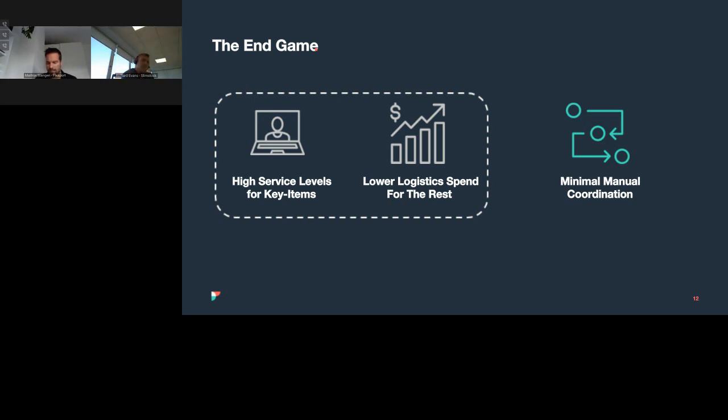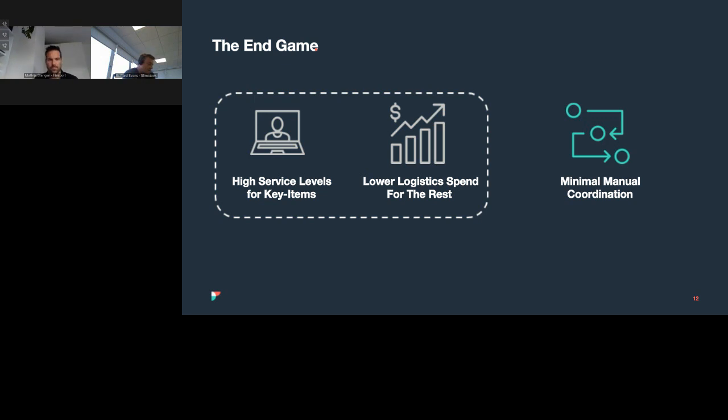And really, if you look at his end game, the best way I can describe it is that they're trying to balance at all times the age-old conundrum of making sure that they've got extremely high service levels on their key items. And what you define as a key item, of course, is subjective to you as a business.